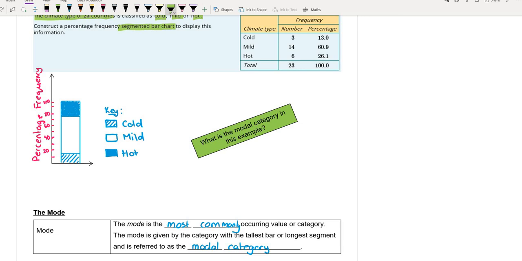The only thing you need to be careful of again is making sure these parts represent the actual numbers correctly, and make sure you have a key as well.